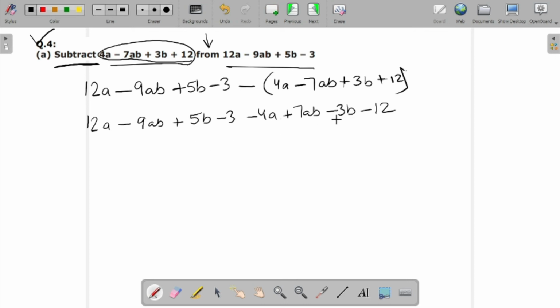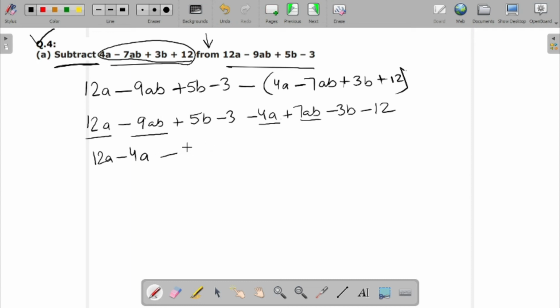This is a very important step. So now we collect the term 12a and other terms with a. This is minus 4a. So we write 12a minus 4a. Okay. So then minus 9ab, any ab, this is ab.